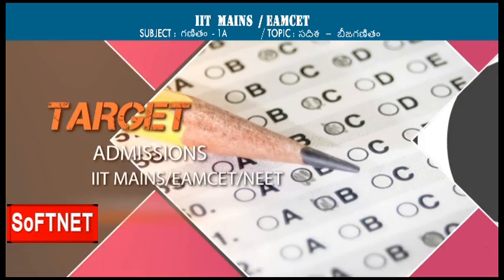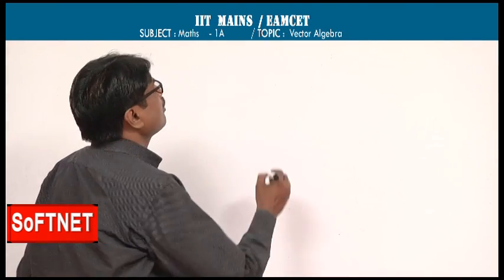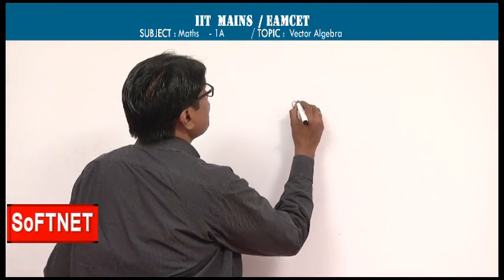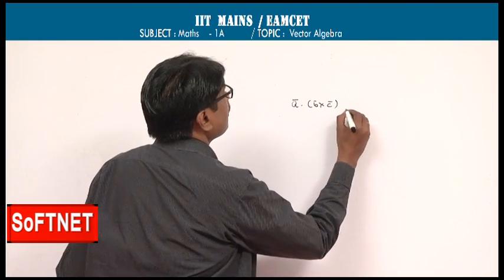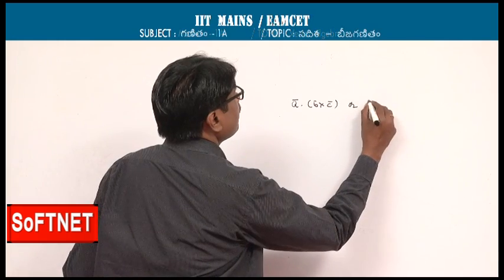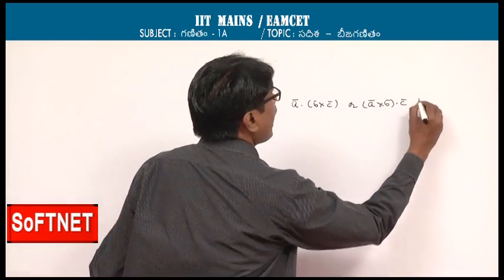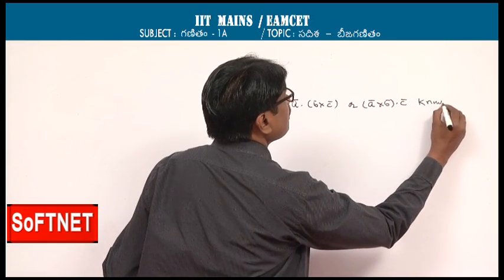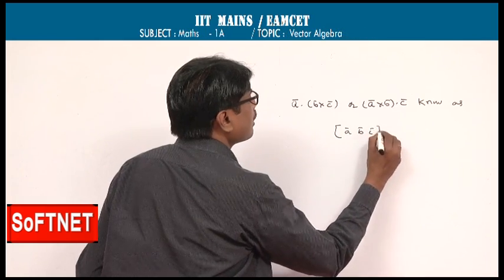Now we have seen the scalar triple product and vector triple product definitions, and together we will discuss their properties in detail. In the properties of the scalar triple product, first we have seen that a bar dot b bar cross c bar or a bar cross b bar dot c bar is known as the box of a bar b bar c bar.